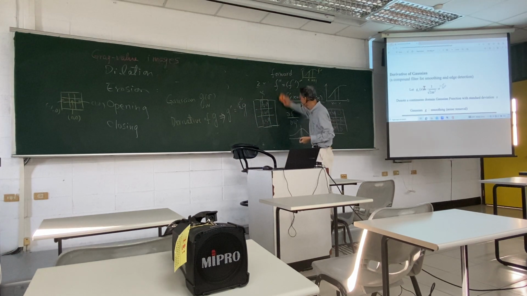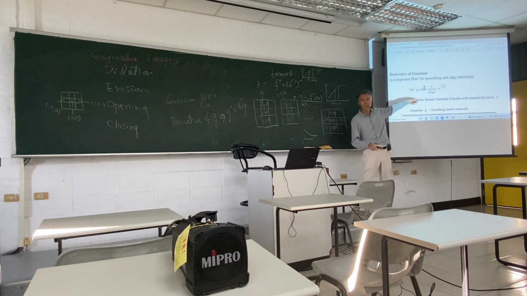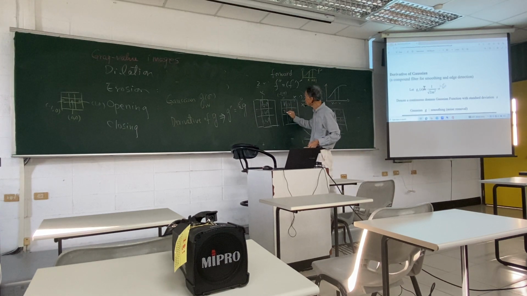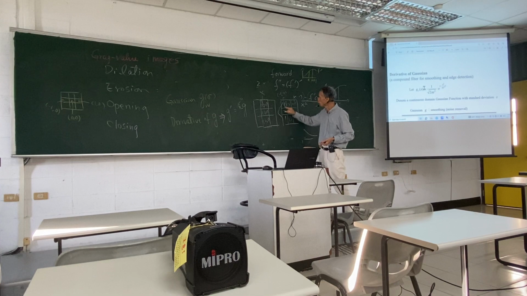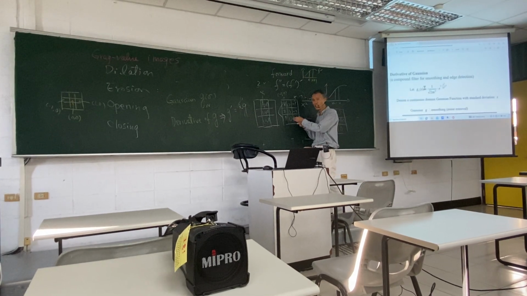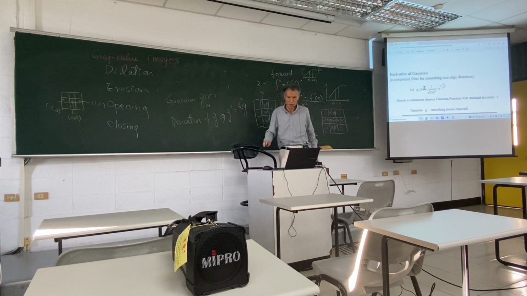So the filter will look like this: 0, 0, 0. What about this? If this is minus 1, then you put minus 1 into this function, so you might get 1, 2, 1, for example. So this can be applied for smoothing, and at the same time, you can use this filter to identify the vertical direction. That's the purpose of derivative of Gaussian.